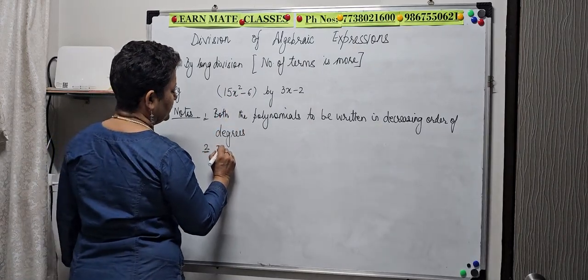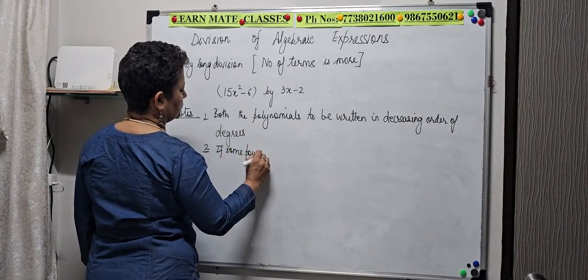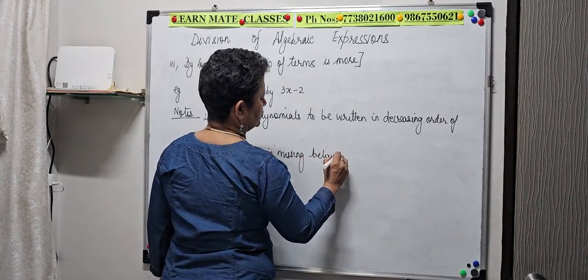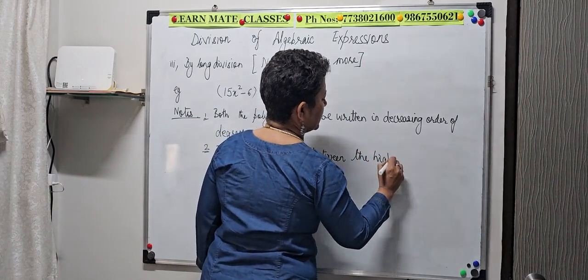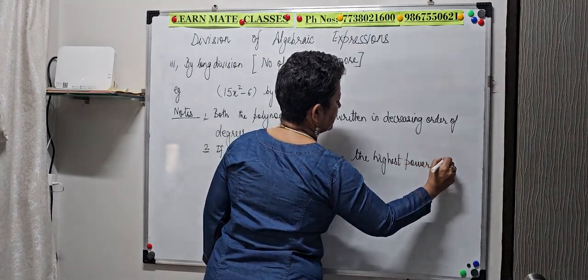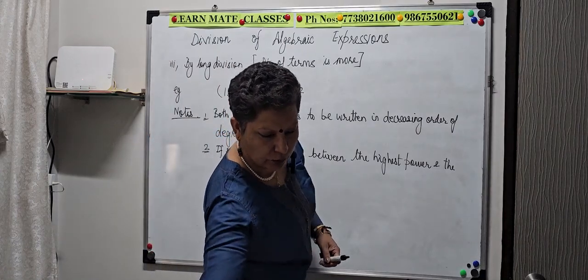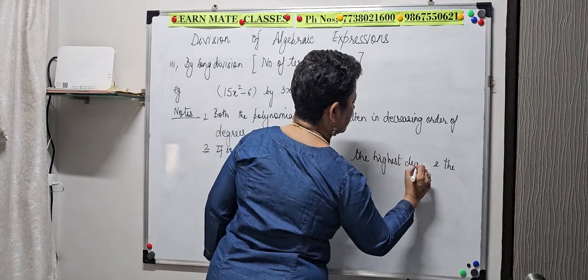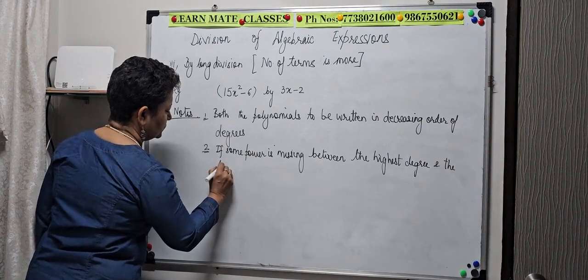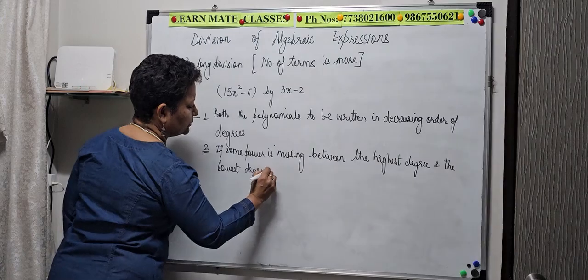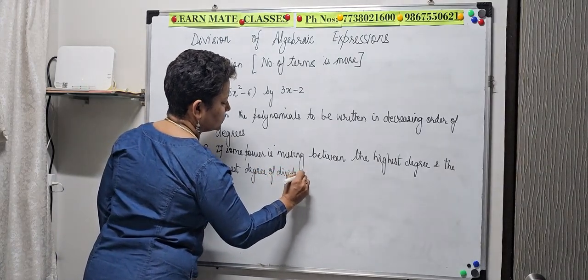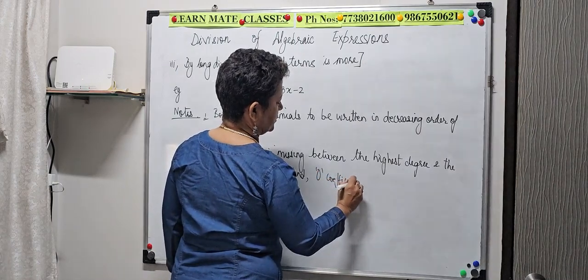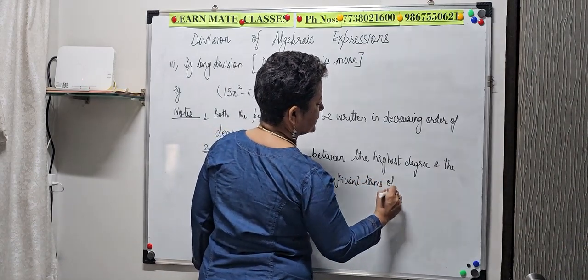So, if some power is missing between the highest degree and the lowest degree of the dividend, zero coefficient terms of that degree will be introduced.